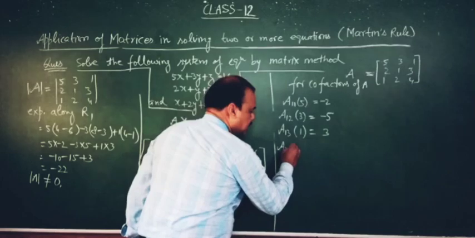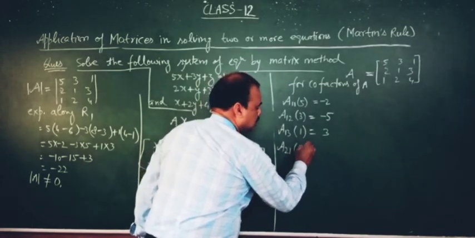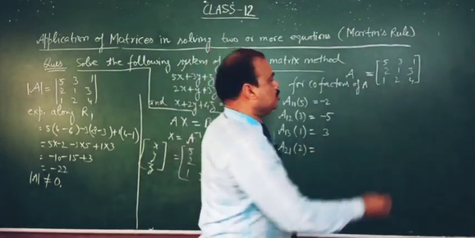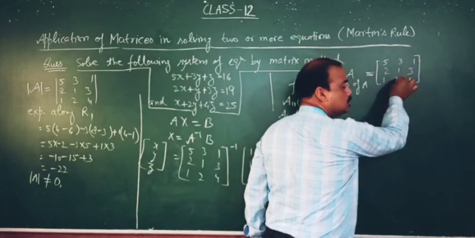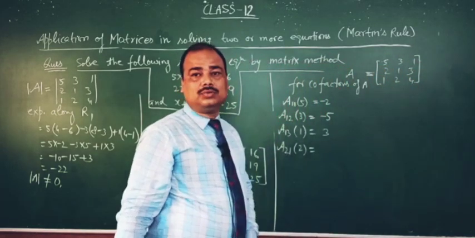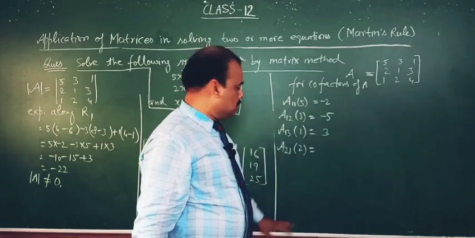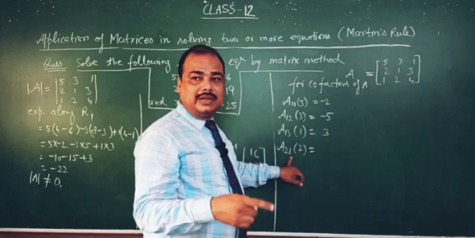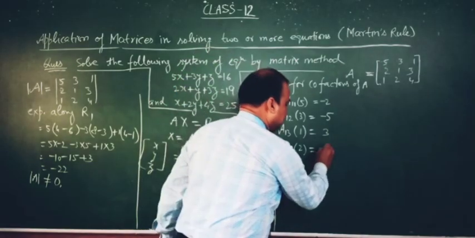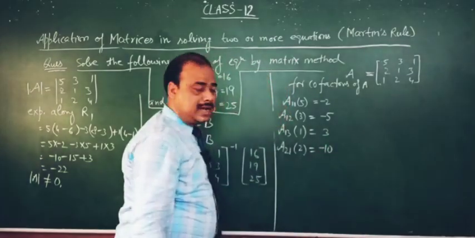Cofactor of second row first column: 12 minus 2, 10. But 2 plus 1 equals 3, which is odd, so the sign will be changed, it means negative 10.